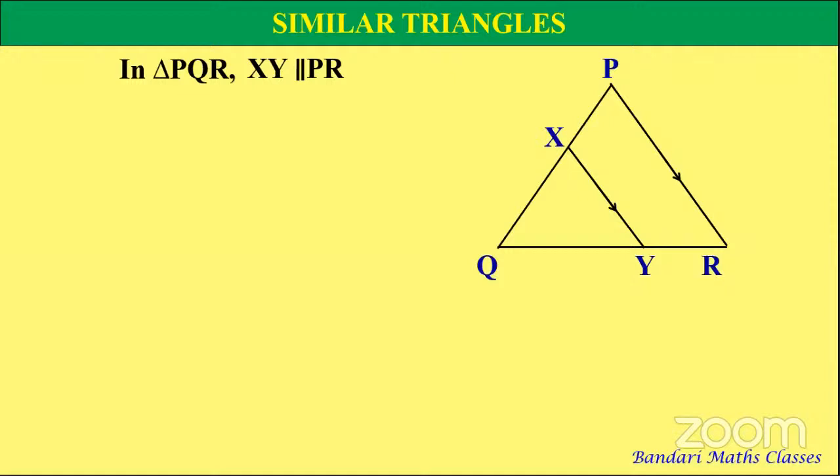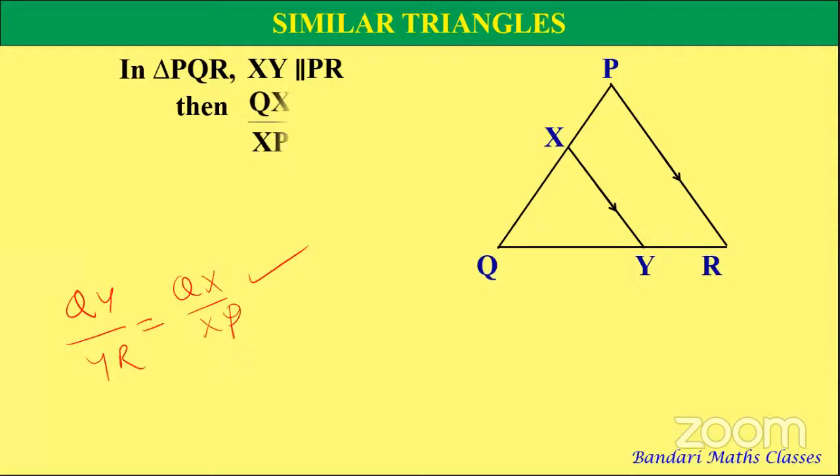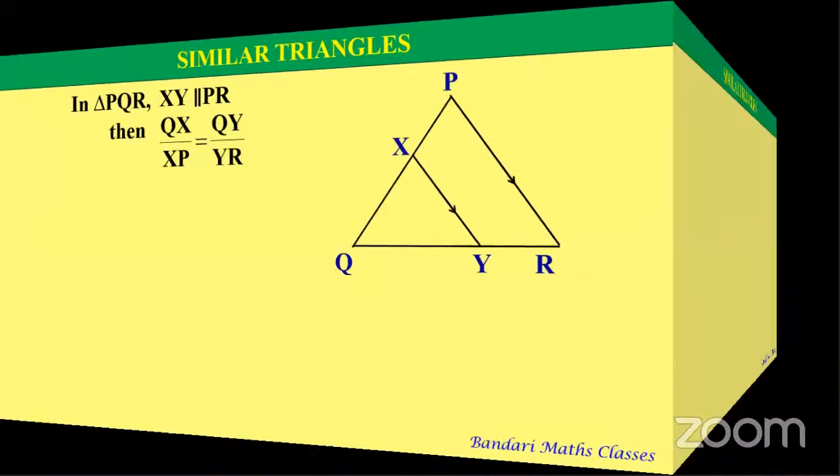QY by YR equals QX by XP. Very good. 100% right answer. You check your answer: QX by XP is equal to QY by YR. LHS, RHS, RHS, LHS. It is the same, right answer.